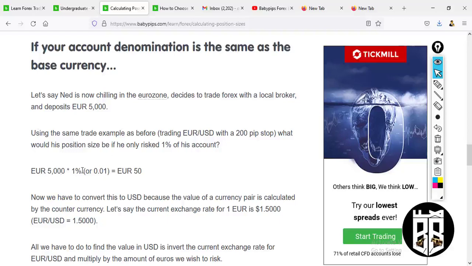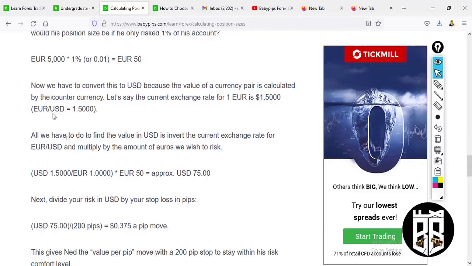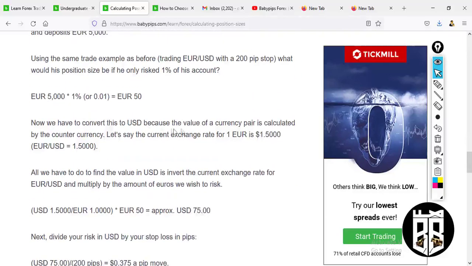Using the same example as before, 5,000 euros multiplied by 1% will give us 0.01. That equals 50 euros. Now we have to convert this to USD because the value of a currency pair is calculated by the counter or quote currency. So let's say the current exchange rate for 1 euro is $1.5 thousand cents, right? So Euro USD is equal to 1.5 thousand cents.